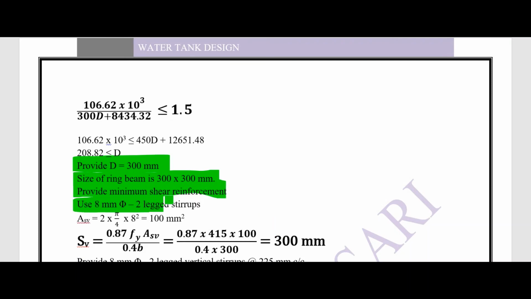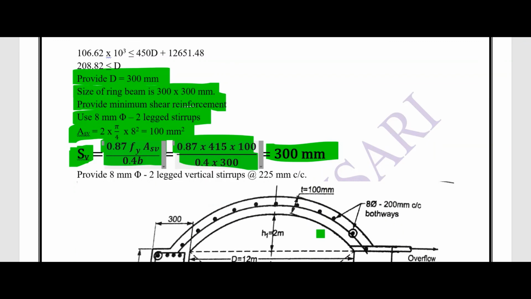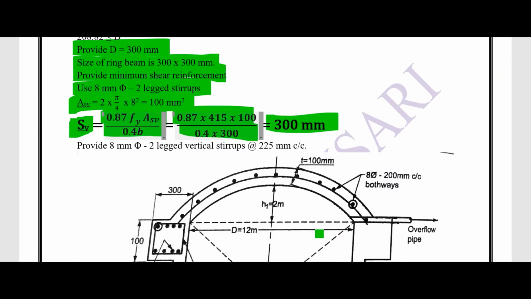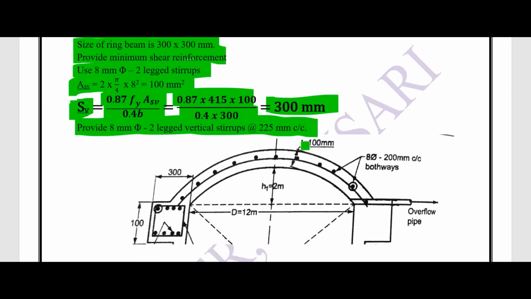Use 8 mm dia, 2 leg stirrups. So ASV is 100. By this equation 0.87 fy ASV, so spacing between the stirrups is 300 mm. So we provide 8 mm dia, 2 legs vertical stirrups, 225 mm center to center.